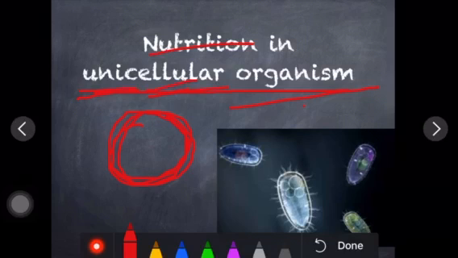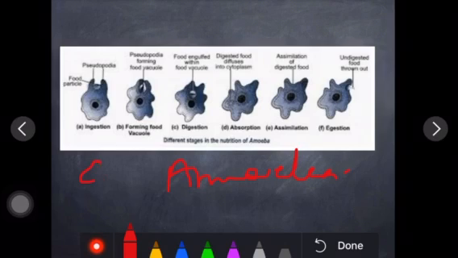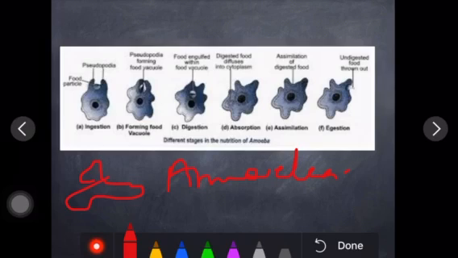Now we'll see nutrition in a unicellular organism, the amoeba. As you can see, the amoeba doesn't have a proper shape. Whatever you draw, that is the shape of the amoeba. They don't have any definite shape.